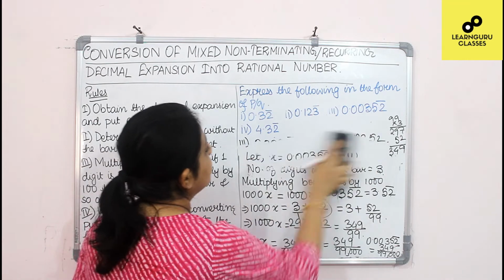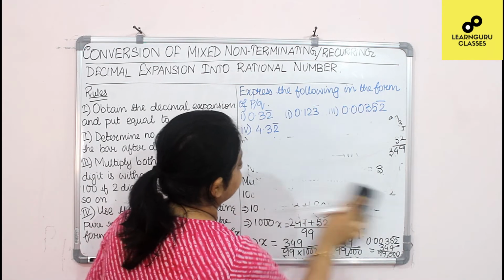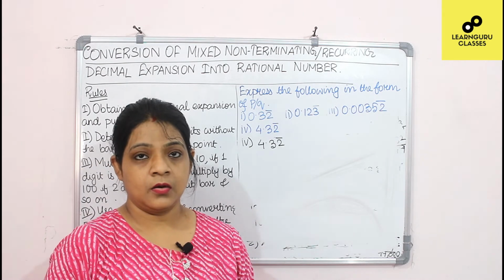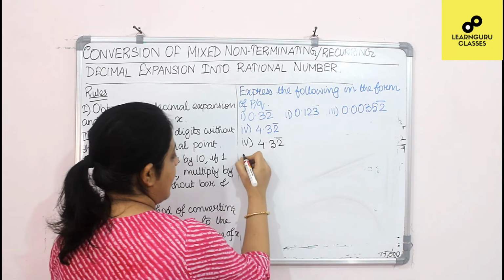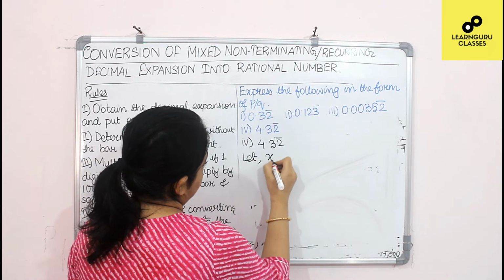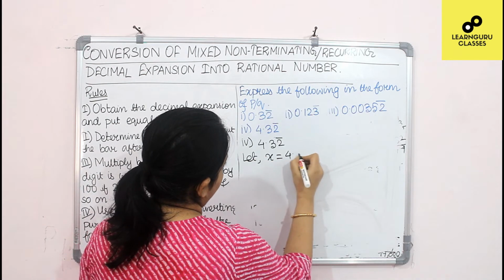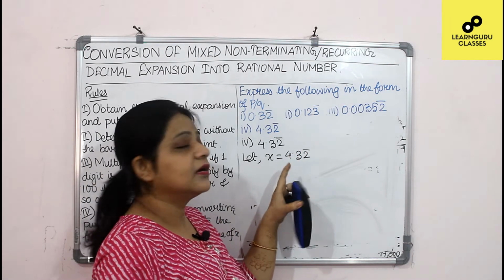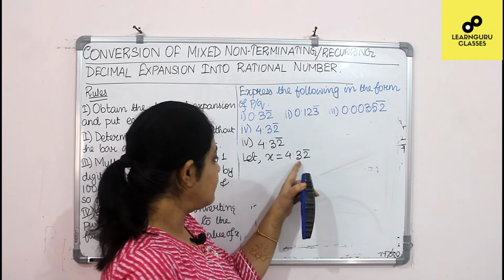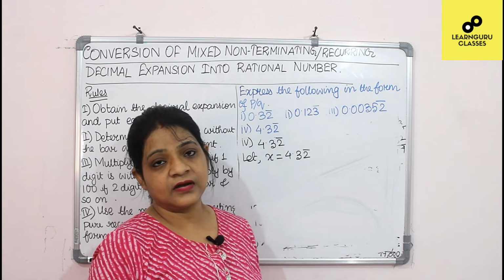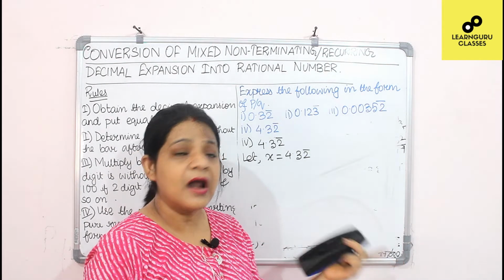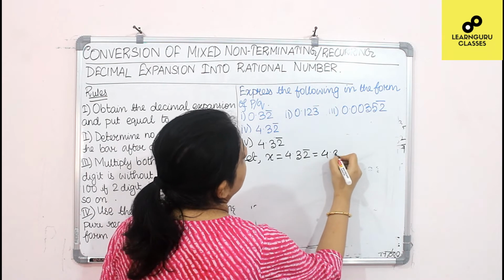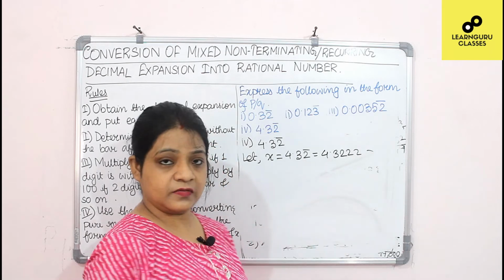Let's move on to the last example. So last example, what is given to you? The last example is 4.32 bar. Okay, so let x equal to 4.32 bar. After the decimal, what are the digits that you are getting? 3 is one digit, 2 is another digit. So 3 is without the bar and 2 is with bar, which means that 2 is being repeated several times.